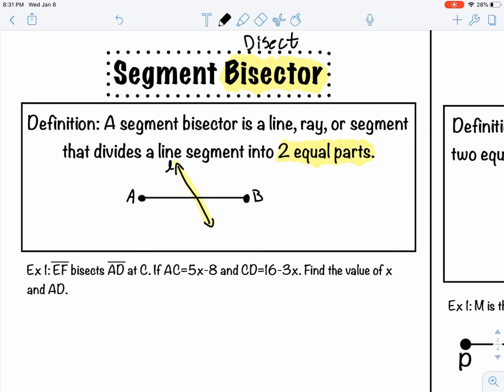So if we use the sentence, John cuts the frog, I want to talk about who's getting cut and who is cutting. In this case, the bisector is the person or thing that is doing the cutting. So John is the bisector here.